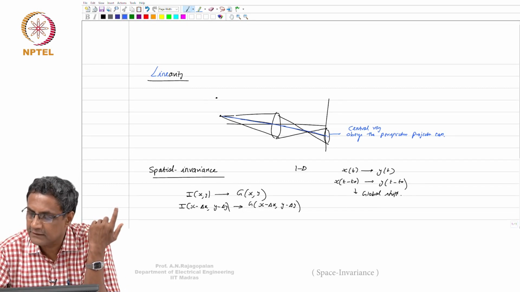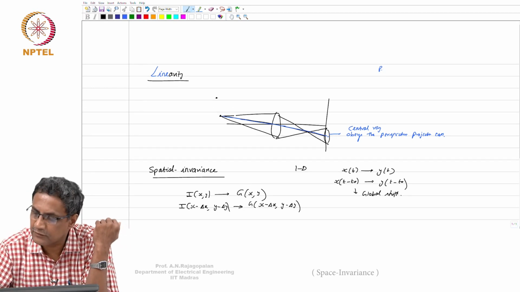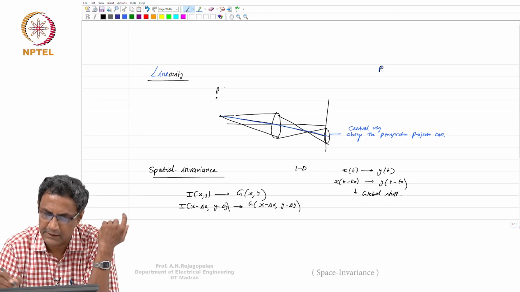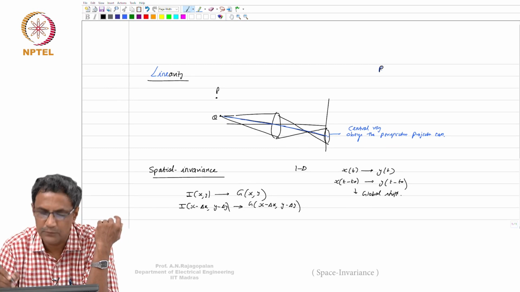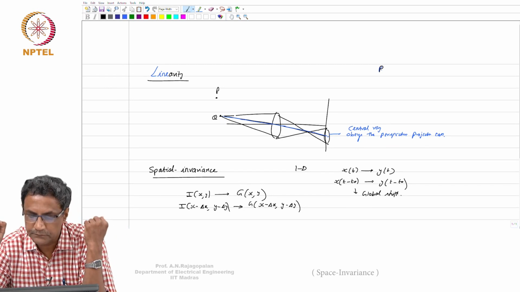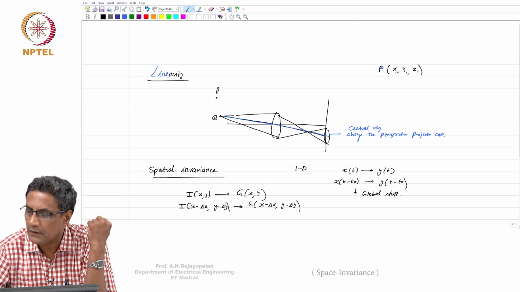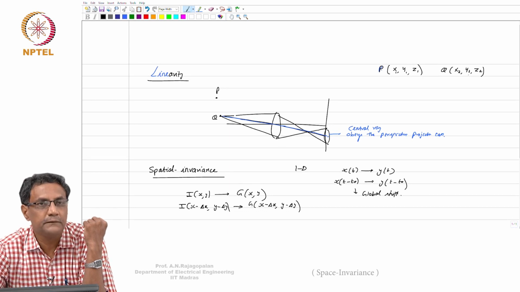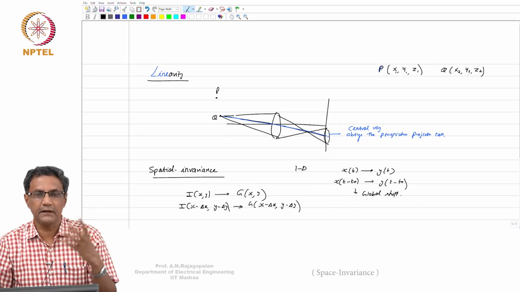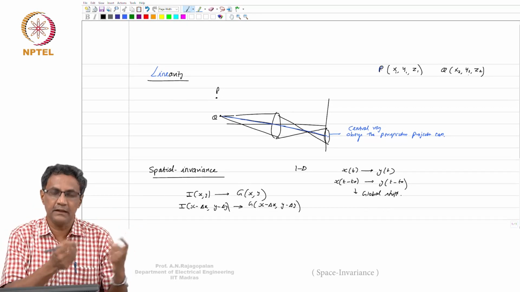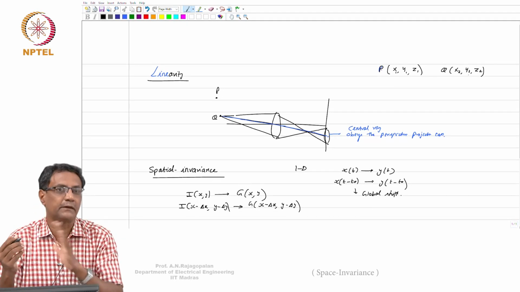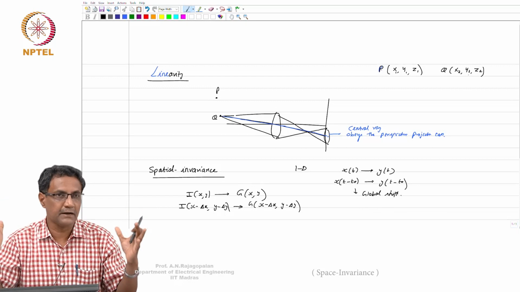Imagine that you have a point, let's say P, in the scene, and let's say the other point is some Q. Now P has coordinates x1, y1, z1, and Q has coordinates x2, y2, z2. You can either talk about shifting the scene, or you can talk about shifting the camera. Both are the same, it's simply a relative motion.